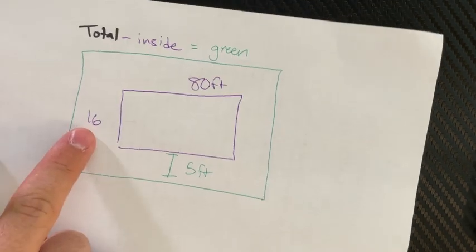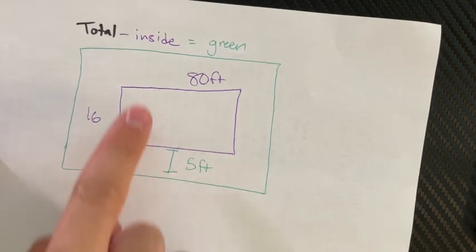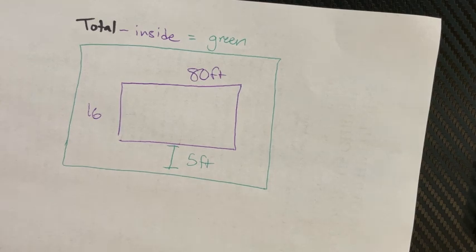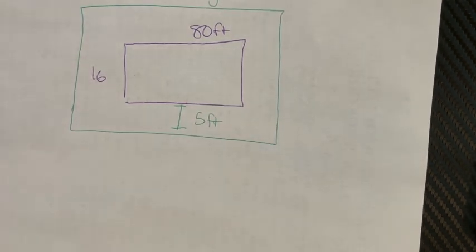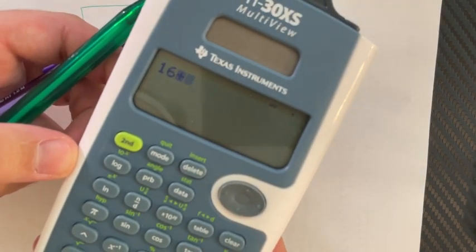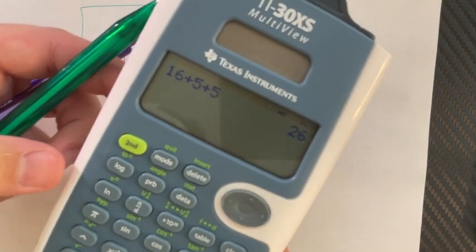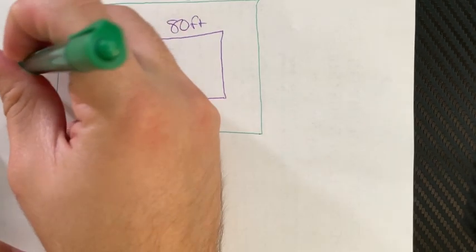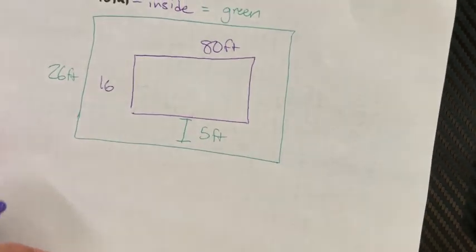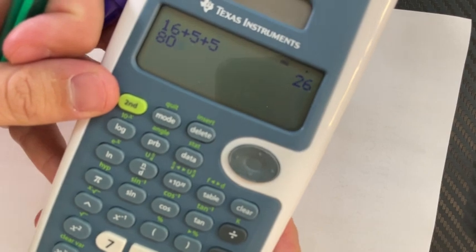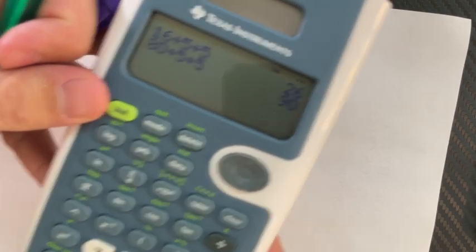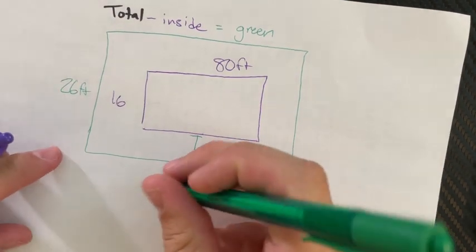So we've got 16 feet plus 5 plus 5. So on the green area, that should be 16 plus 5 plus 5, 26. Okay, so this is 26 feet. And then on the longer side, it's going to be 80 plus 5 plus 5, 90. 90 feet.